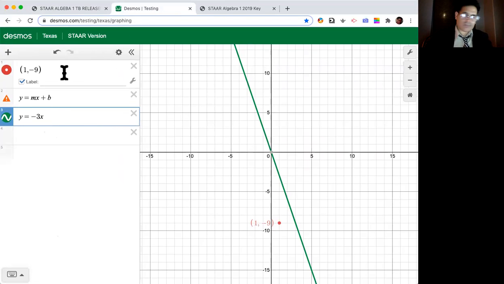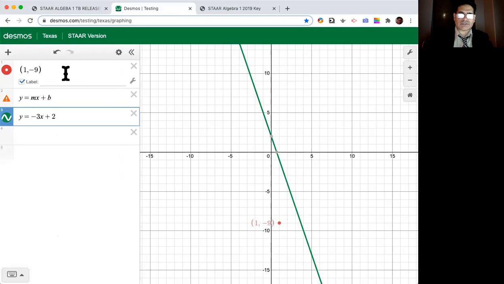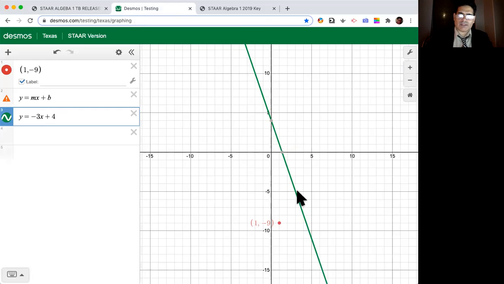We're going to start with 2. It doesn't pass through it. Go on to the next one. We have a value of 4. It does not go through the point. Continuing on.